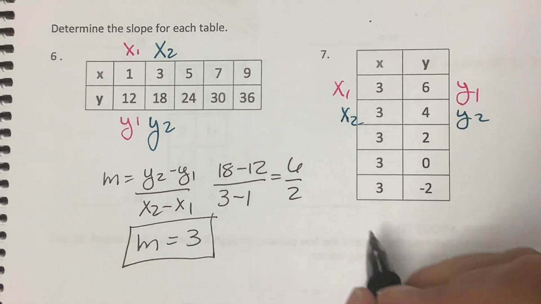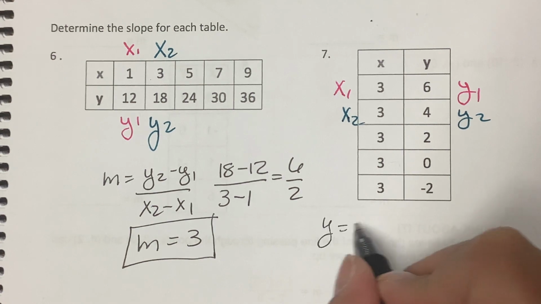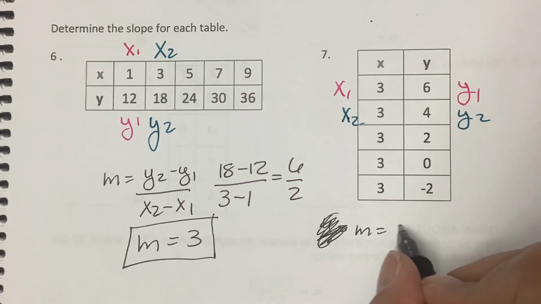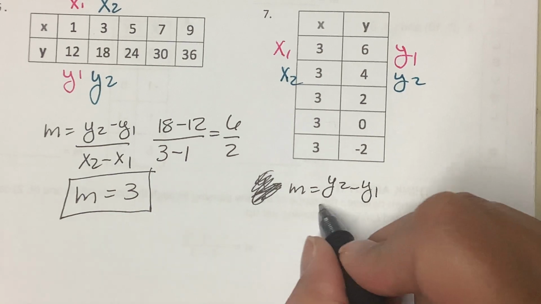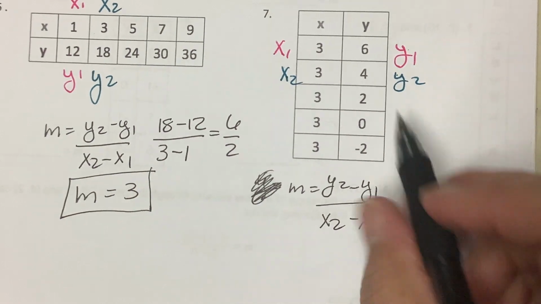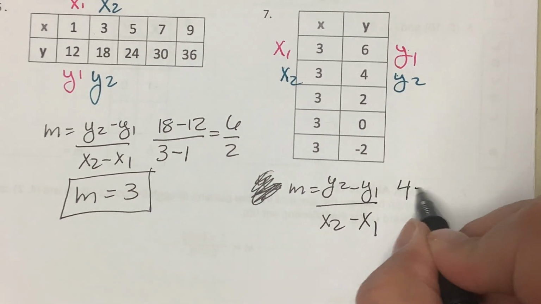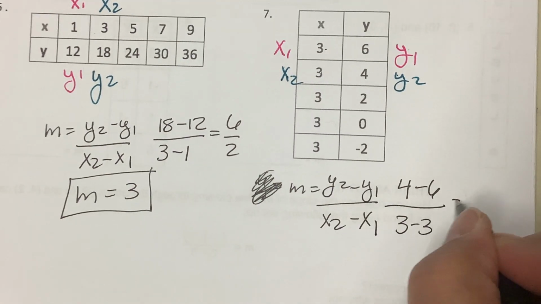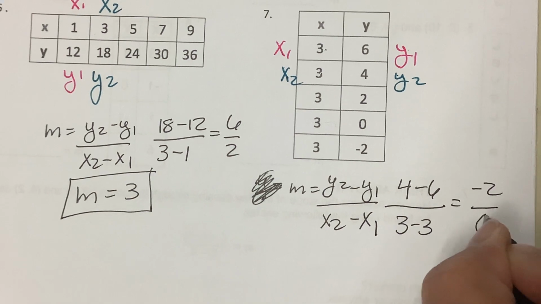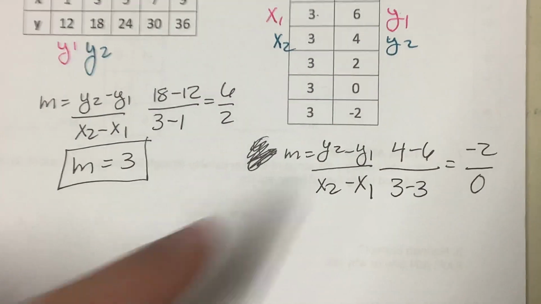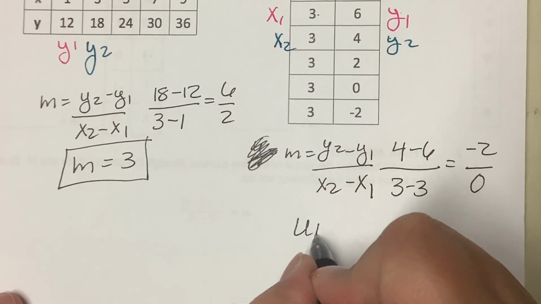M equals y2 minus y1 over x2 minus x1. y2 minus y1, 4 minus 6, over 3 minus 3. And I get -2 over 0. Ooh, that is a divide by 0 error. And that means this one is undefined.